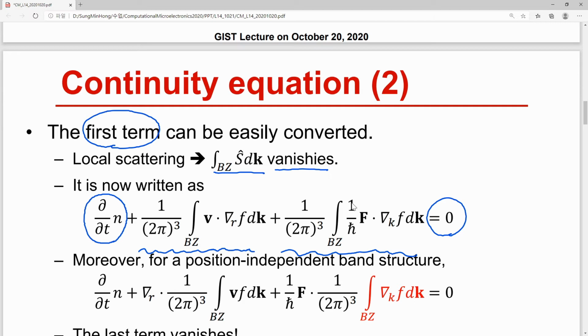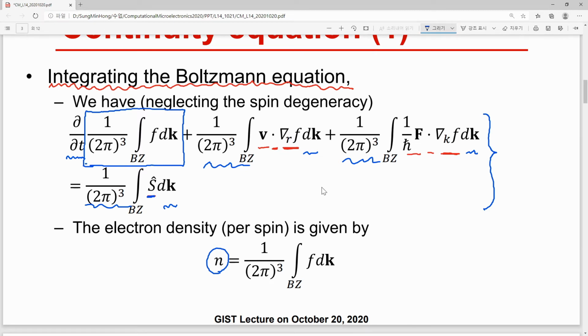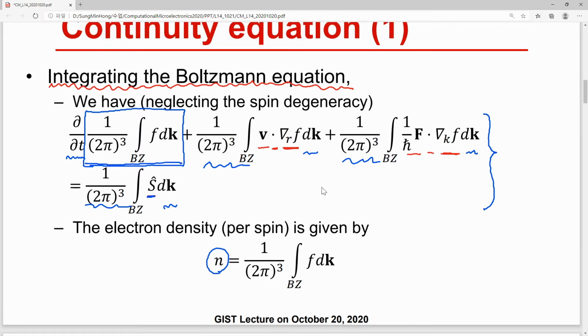Already we have made quite a lot of simplification at this stage. Originally we had four different terms in the Boltzmann transport equation: the time derivative, real space motion, momentum space motion, and scattering.